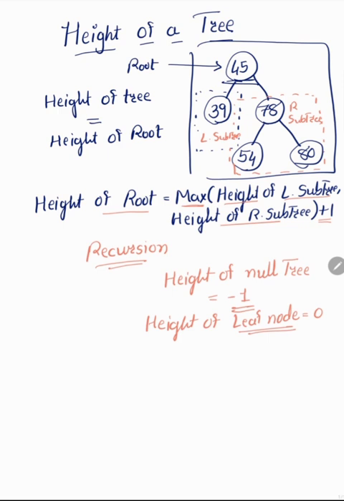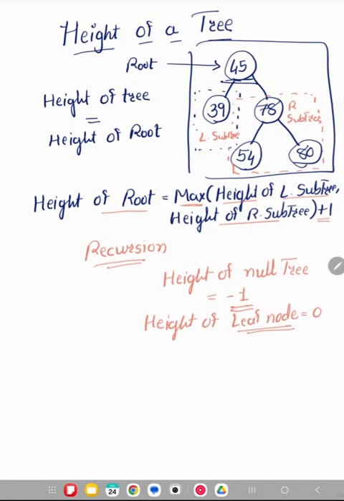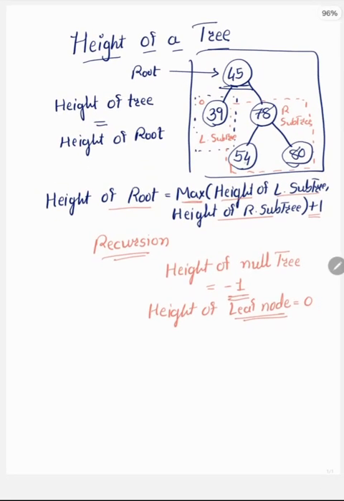This is the concept we have. For calculation purposes, you can directly use the height of a leaf node. Here 39 is a leaf node, so it has height 0. 54 is also a leaf node, it has height 0. 80 is a leaf node that has height 0.